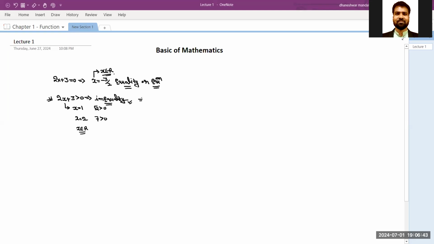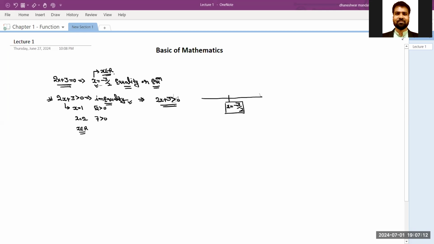So how to solve this type of inequality? See, 2x + 3 is there. If I take x = -3/2, then this expression will be 0.